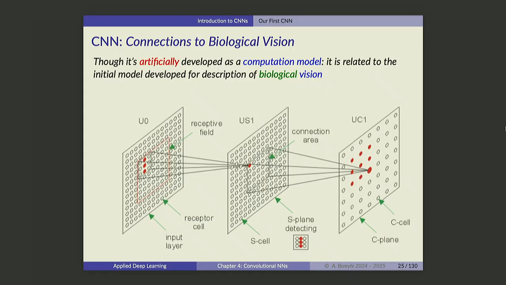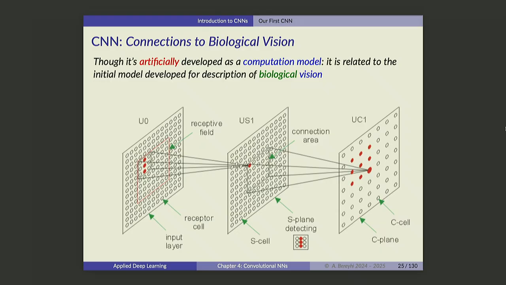Those complex cells look at a subpart of those simple cells, look around them, and see what signals they get, and whether any of these signals indicates that what you're looking for is there or not. This is basically the idea of pooling, and this was the reason people built that computational model.